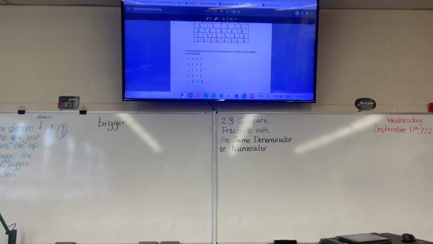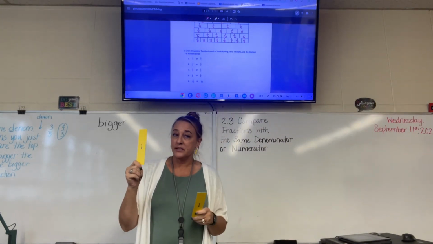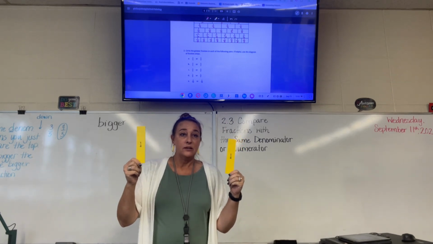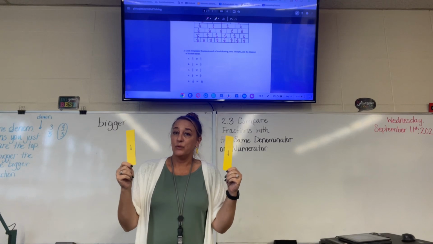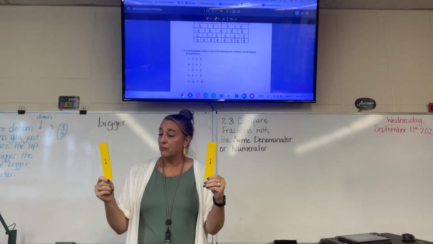So the first one that we're looking at is we're comparing 3/4 to 5/4. So 3 of these or 5 of these, which is going to be bigger? Colton? The 5, right?